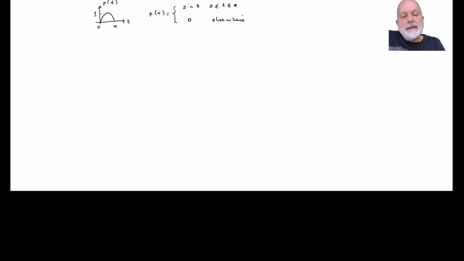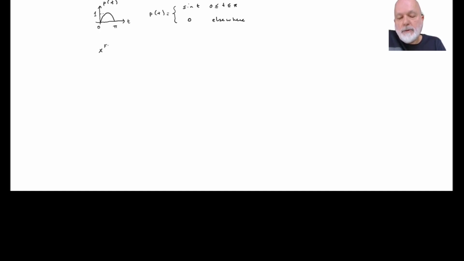Now we obtain the full wave rectified sine signal by repeating this P of t with a period pi. So it's the periodic extension of this P of t.